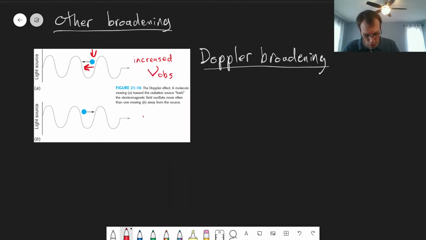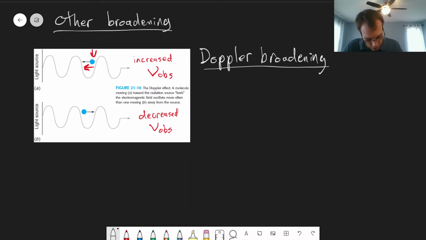Whereas if it's moving away from it, the effective frequency is decreased. What this means is that in a sample of atoms that's in a flame or just in a furnace or whatever, you'll have some mixture of atoms moving towards and moving away from your light source.